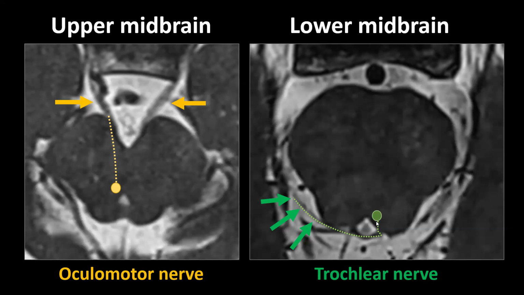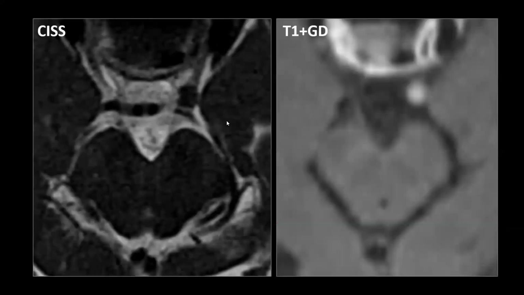So the trochlear nerve exits the lower midbrain dorsally at the level of the superior medullary velum, located over here, and then goes through the quadrigeminal cistern to the ambient cistern, and further on to the cavernous sinus.